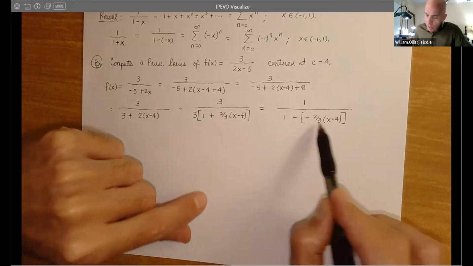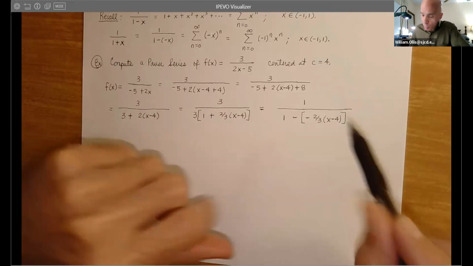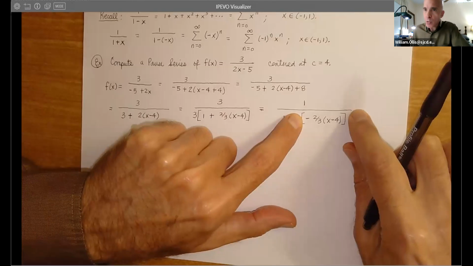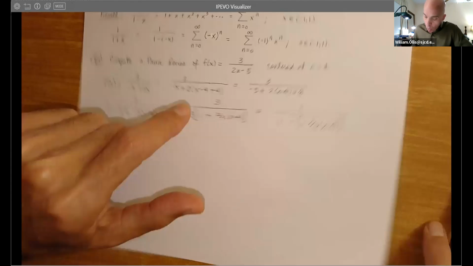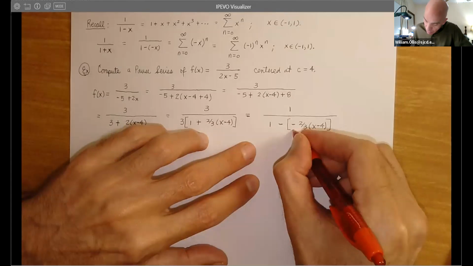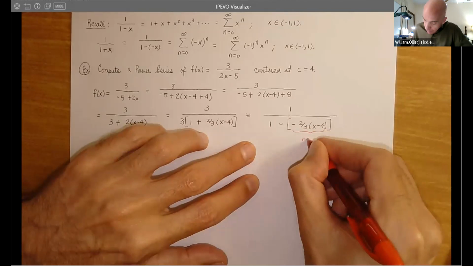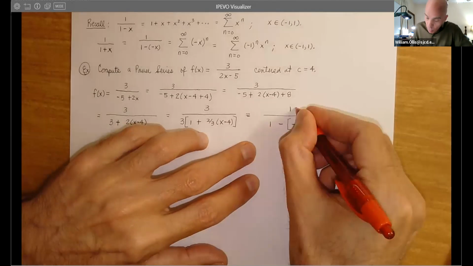That is, we have 1 minus a negative. So now when we look at what we have in here, this is what we call the new R, so to speak. When we go up here and we compare, we see that this is the new R. So just like right here, new R. And of course, the A is 1.